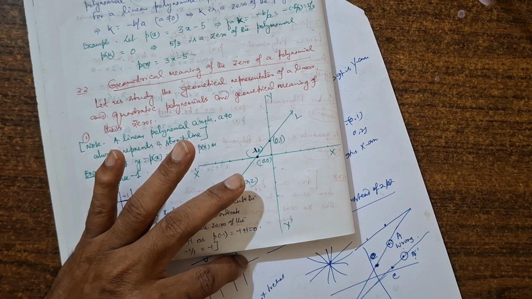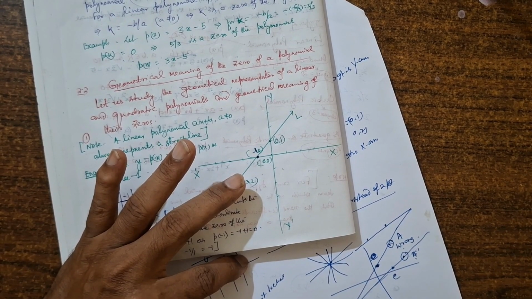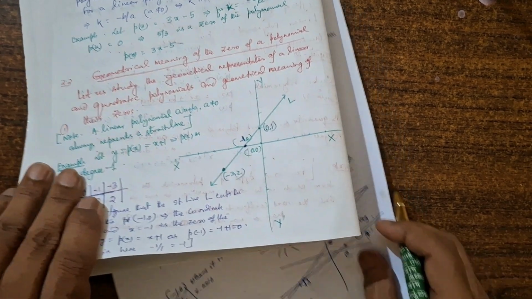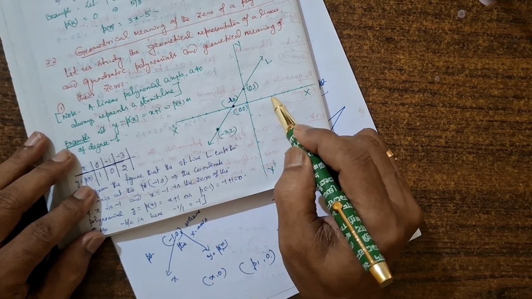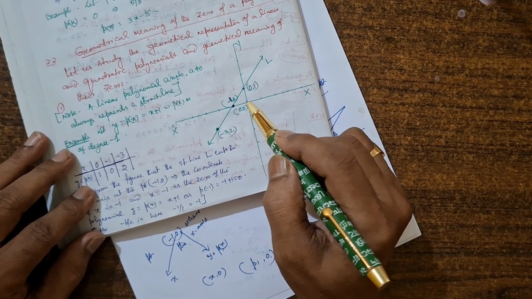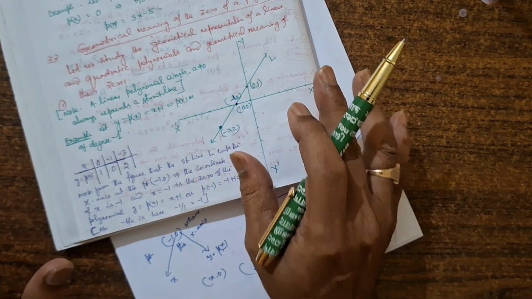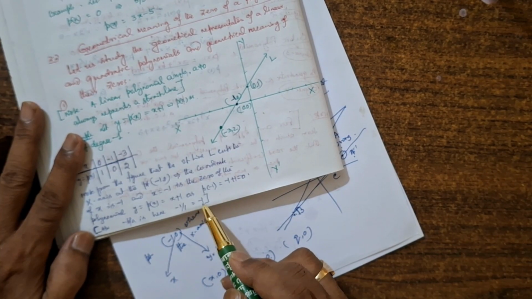If p(1) is 0, then 1 will be the 0 of the polynomial. If q is 0, then q will be the 0 of the polynomial. So any point which touches the x-axis, meaning the y coordinate is 0, the x coordinate will be the 0 of the polynomial, where minus b by a is here, minus 1 by a.